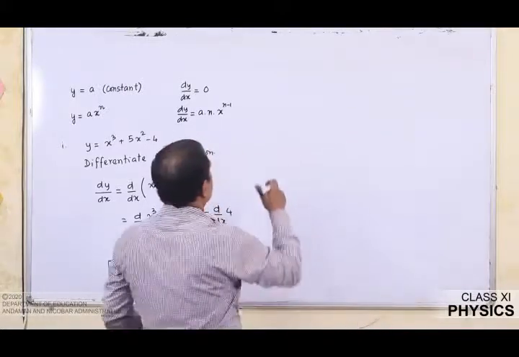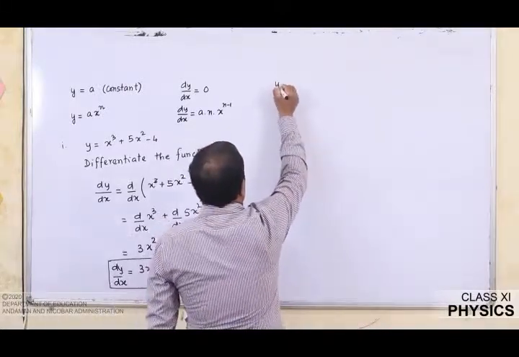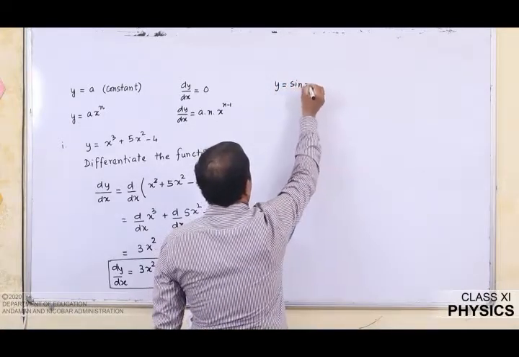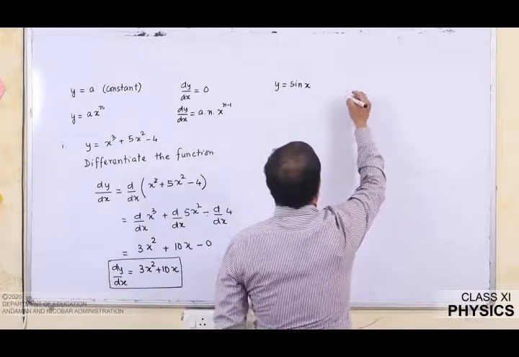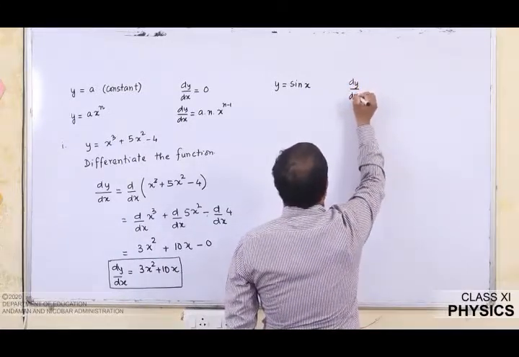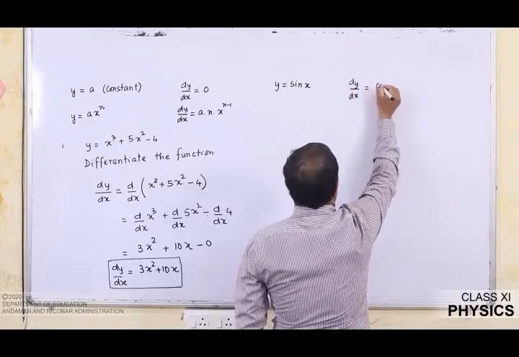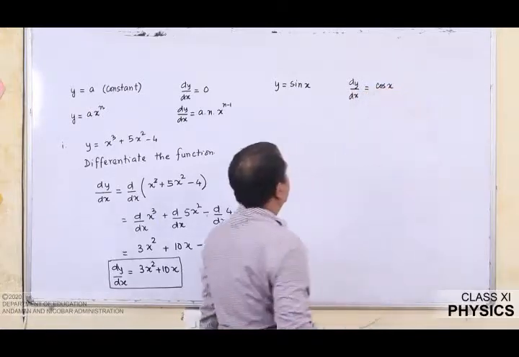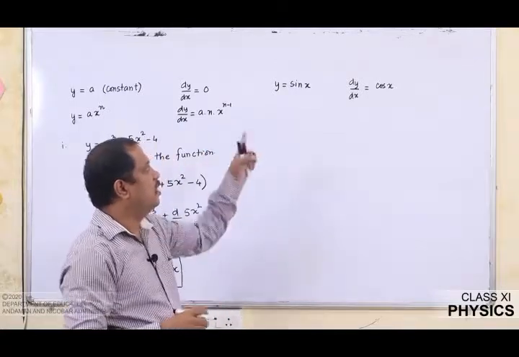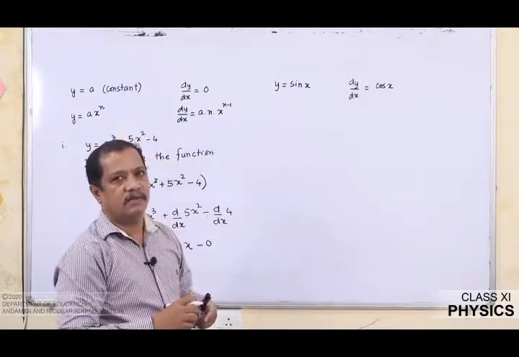So straight away, if I have the trigonometric function y is equal to sine of x, and if I want to find the slope, or say I want to differentiate this one, so dy by dx is going to be cos x for me. So wherever I have sine x, if I need to differentiate, I am going to write it as cos x.